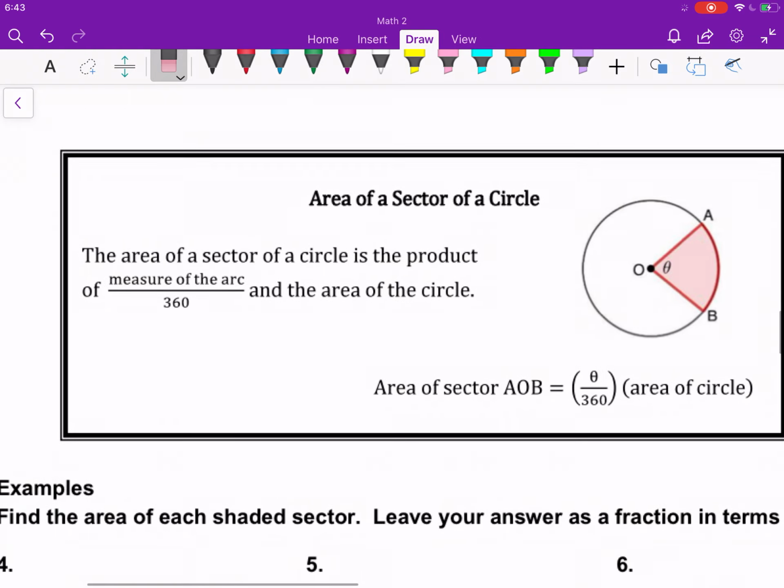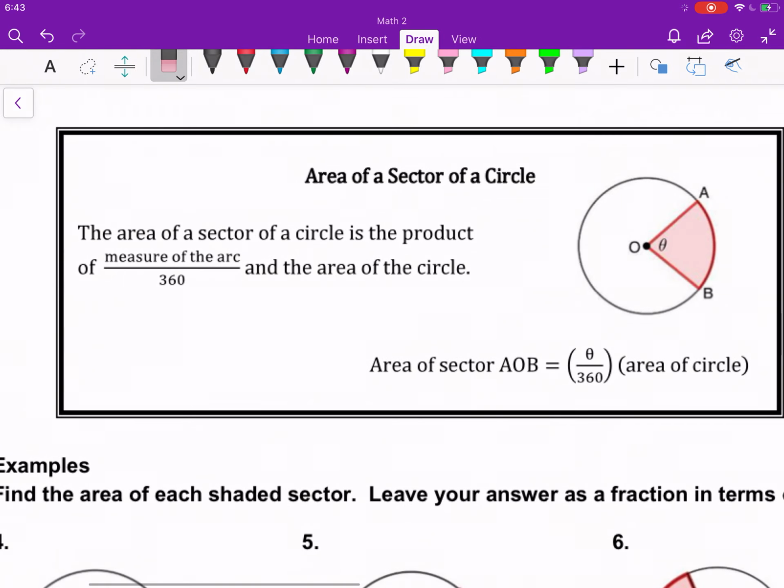Notice they're calling this sector AOB. The area of that sector is going to be the fraction of the circle. So if it's a fourth of the circle, it'd be 90 over 360, which is a fourth, because 90 degrees is a fourth. And then you multiply that by whatever the area of the circle is. This should feel so similar to last lesson.